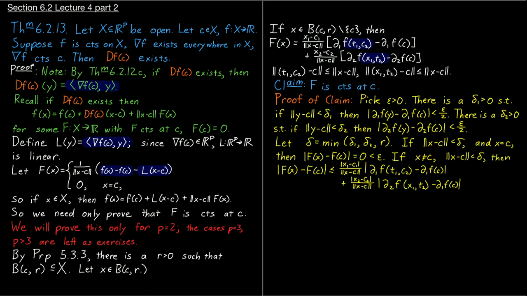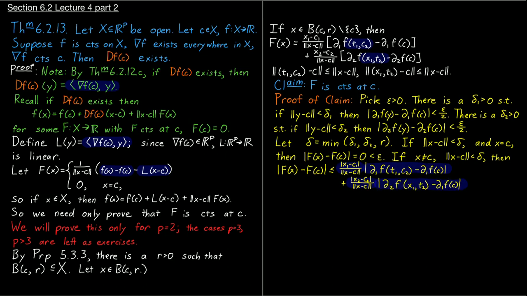And then if you remember your formula for the distance in Euclidean space, x minus c, it's the square root of x1 minus c1 squared plus x2 minus c2 squared. Each of these quotients here is at most 1. And then by our definition of delta 1 and delta 2, these two pieces are each less than epsilon over 2.